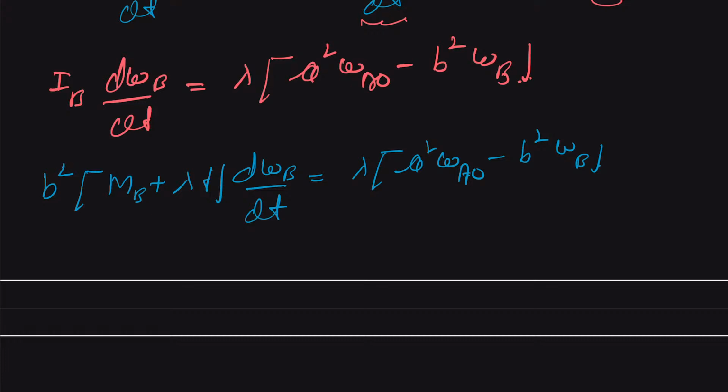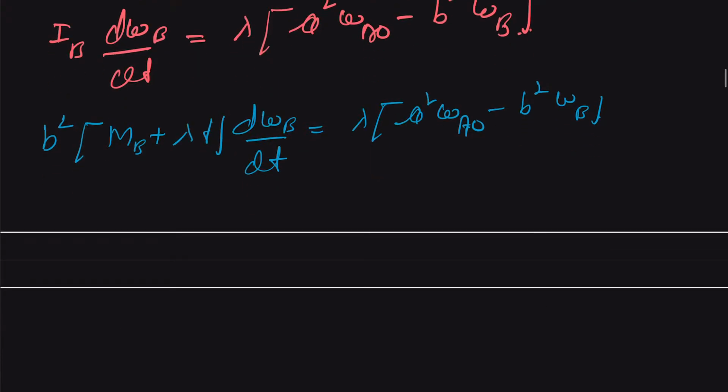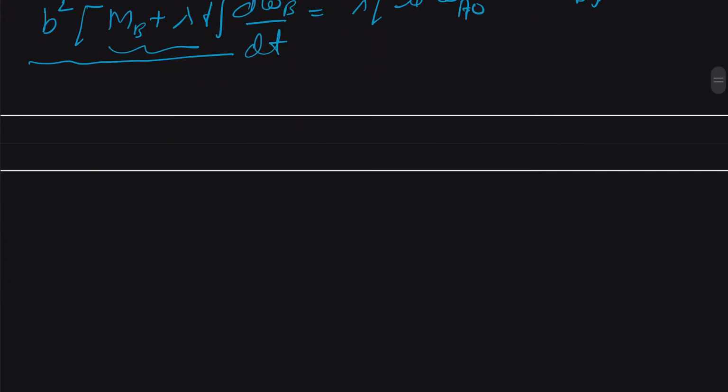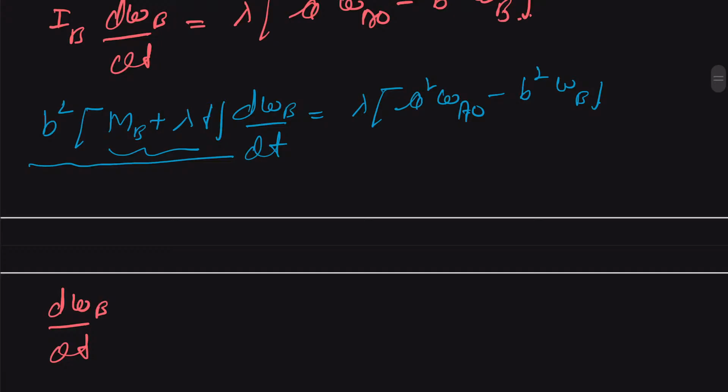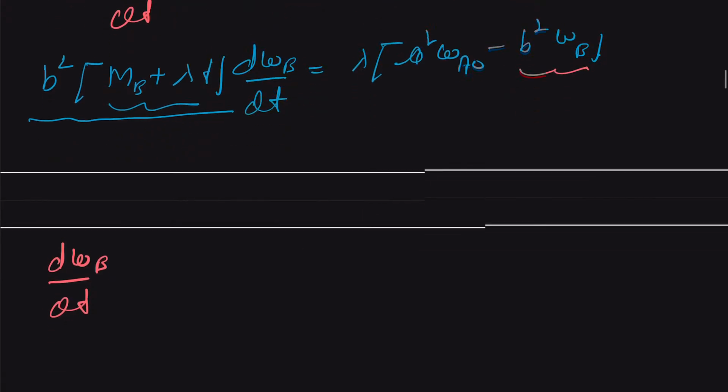And we divide throughout by b square, and along with that we also divide by this complete term. Okay, we are going to form it as a differential equation, and we get that our d omega b by dt, and on the left side we are going to bring this omega b from the right side.